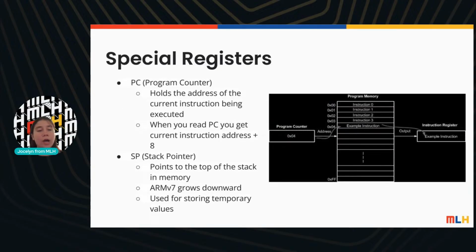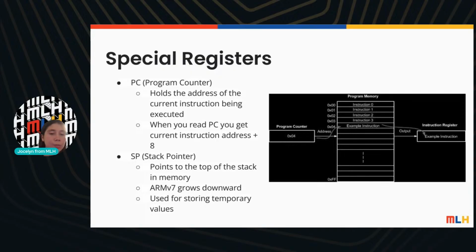All right, so I'm not going to dive into these very specifically, but there are some registers called special registers, such as the program counter and the stack pointer. The program counter basically holds the address of the current instruction that's being executed. So if you have an instruction that's adding 1 + 1, your program counter is going to point to that instruction. And the stack pointer works as a stack.